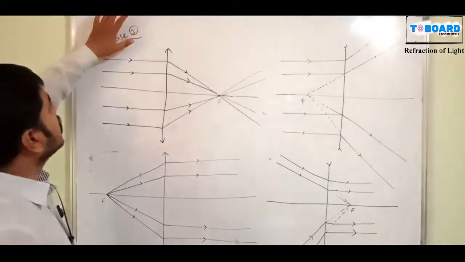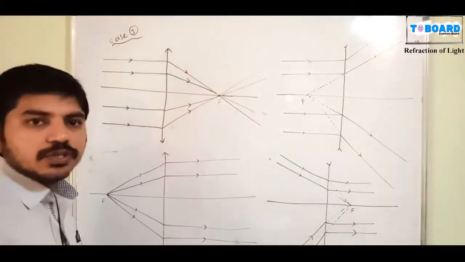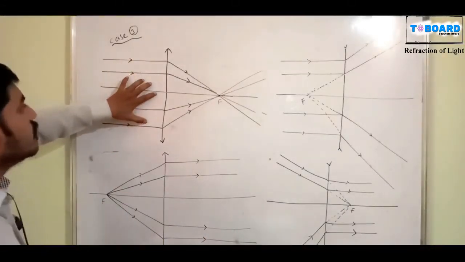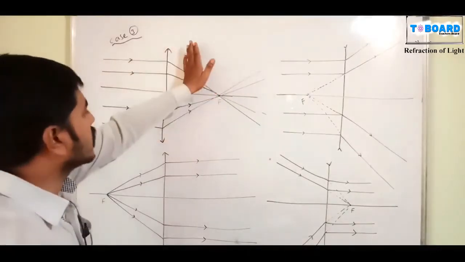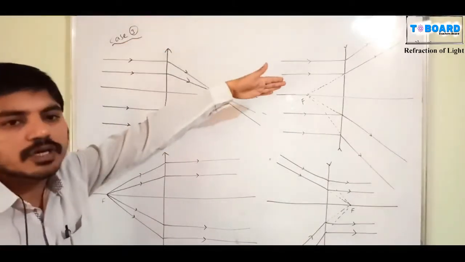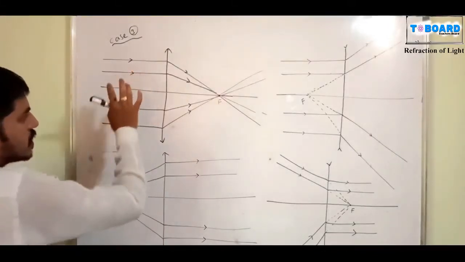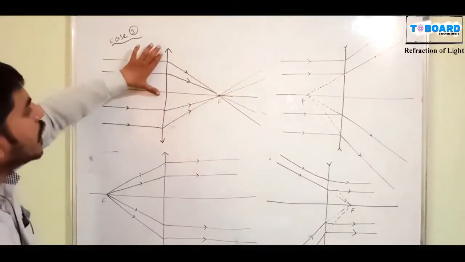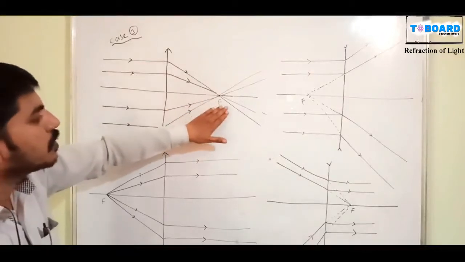See, in case 3, what does that mean? This condition we already know. If any rays are coming from infinity, either biconcave or biconvex, whatever. If any ray is coming from infinity parallel to the principal axis, after refraction from a biconvex surface, the rays will meet on a focal point.